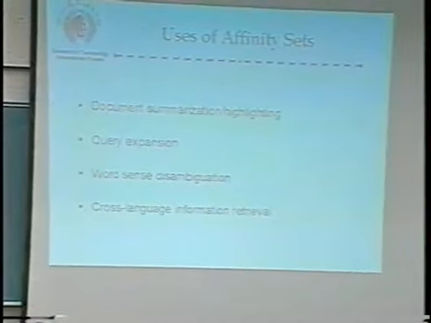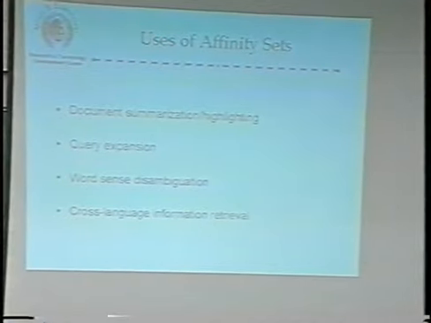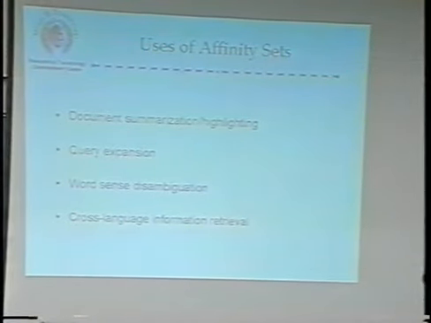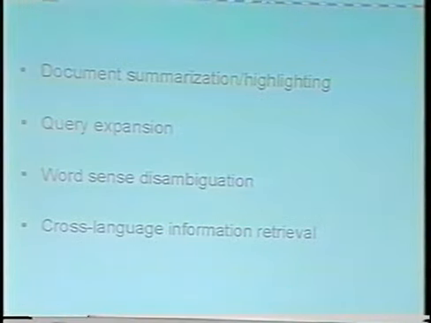There are lots of uses for these things. We use them, for example, to do what's called automated relevance feedback or blind relevance feedback. It goes under various names. The idea is this. If you have an information retrieval system that is being used by a person, that person can, after documents are retrieved, say, that's a good document, that's not, that's a good document.